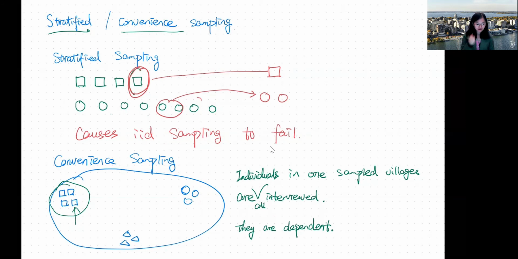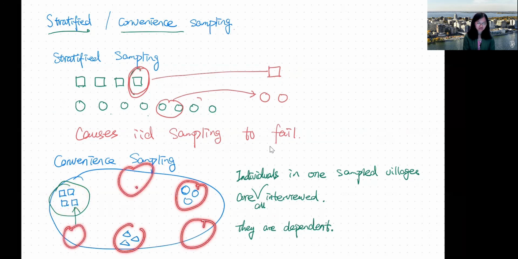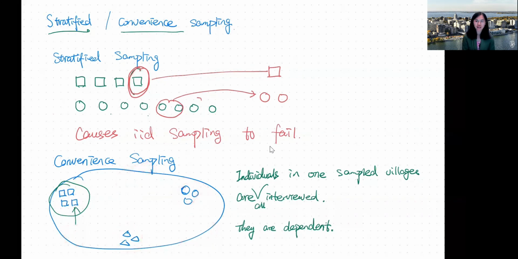But relative to the urban population, the rural population are more scattered, more spread out geographically. Let's say that the rural population are divided into many villages: this square village, this circle village, this triangle village, and many other villages, spread out over a very large geographical area.